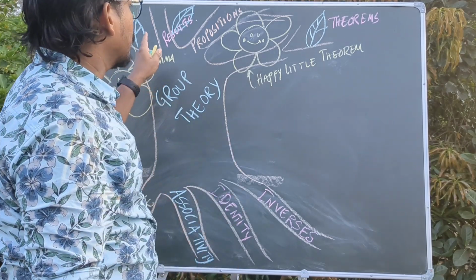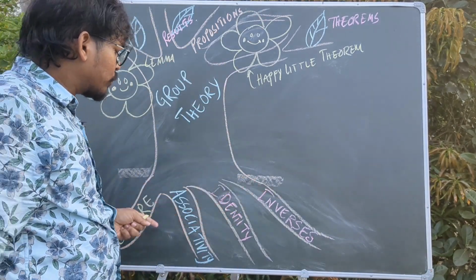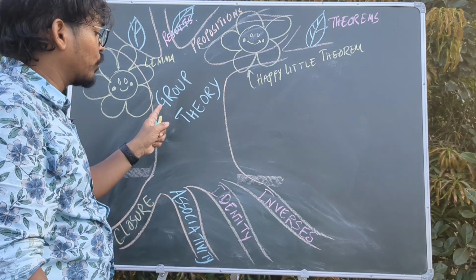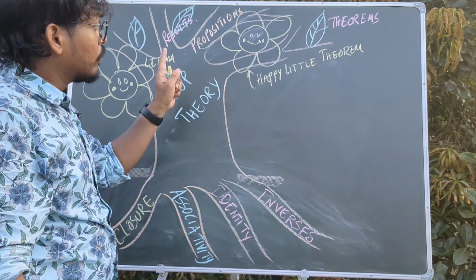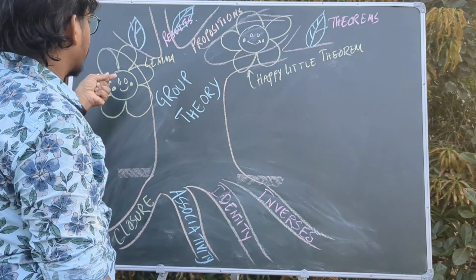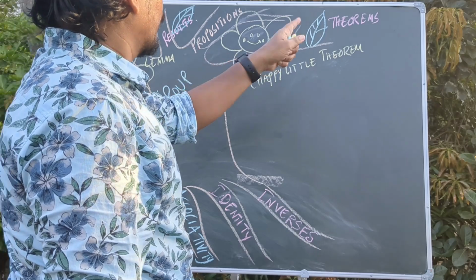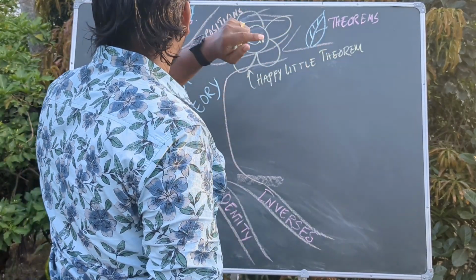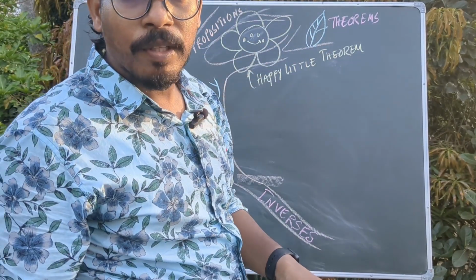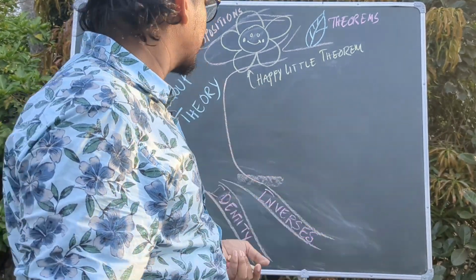And all these beautiful things depend on the axioms of the group, and these are the building blocks of group theory, and they decide what its tree will be, how its tree branches, how its leaves, how its flower will be. From all these beautiful theorems, propositions, results, in this video we will see three elementary properties, elementary theorems.